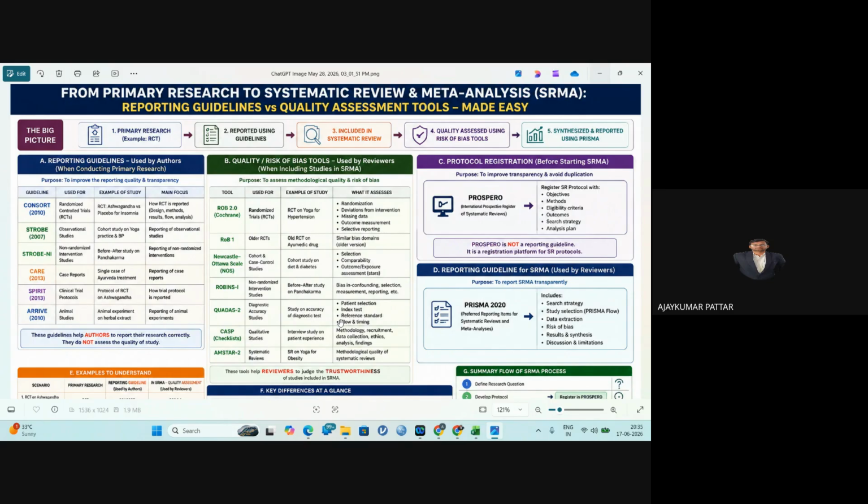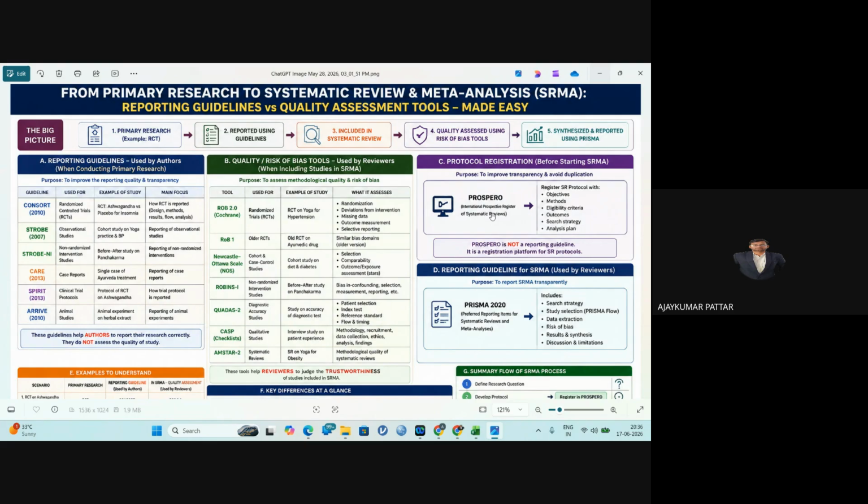As researchers, we are free to choose any tool, whether we go with Cochrane's ROB tools, or JBI's tools, or CASP tools, or any other tools validated for checking the quality of that particular study design of papers included in our study. So this is about quality or risk of bias tools, including the quality appraisals.